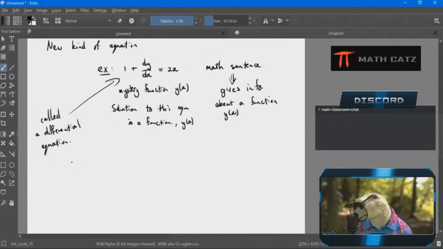But that's not a route we're going to take, so we'll just call it a differential equation.